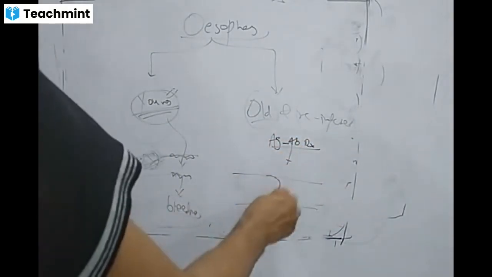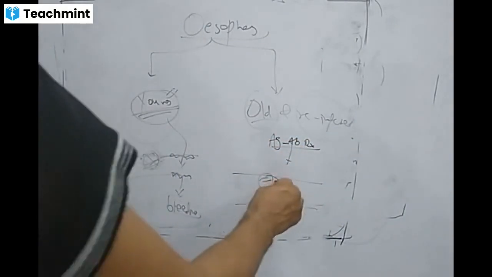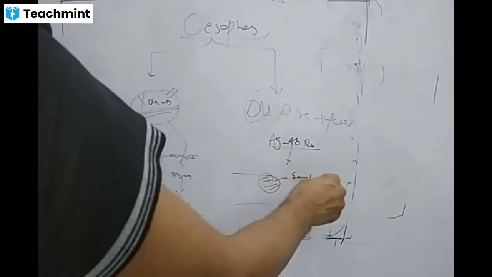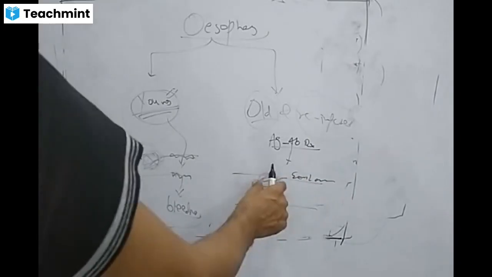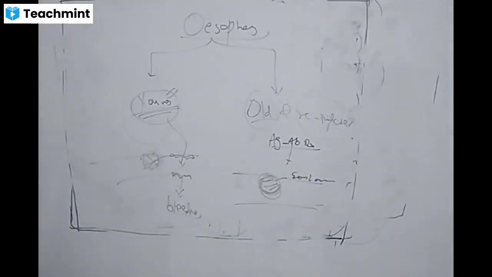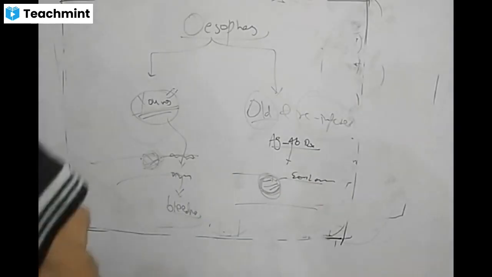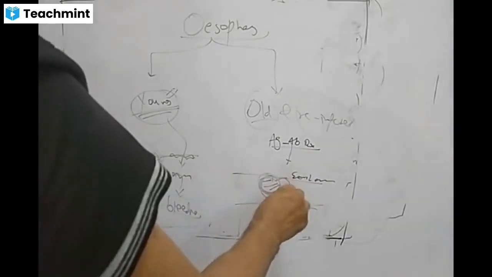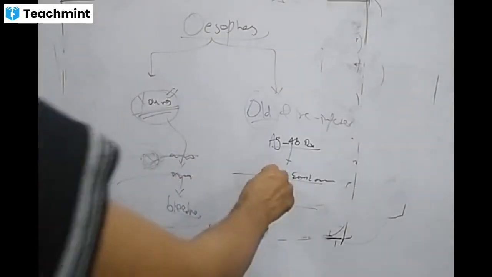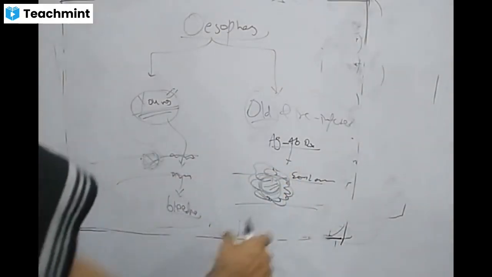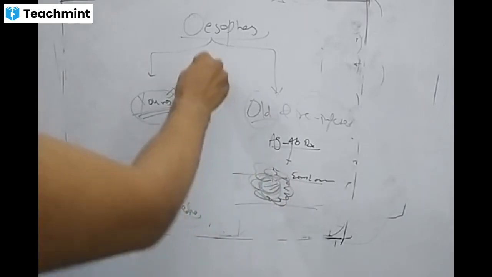Because of that immune reaction, there is infiltration of cells like eosinophils, lymphocytes, other cells. And these infiltrations lead to formation of nodules, and these nodules are surrounded by fibrous capsules which later on become calcified.